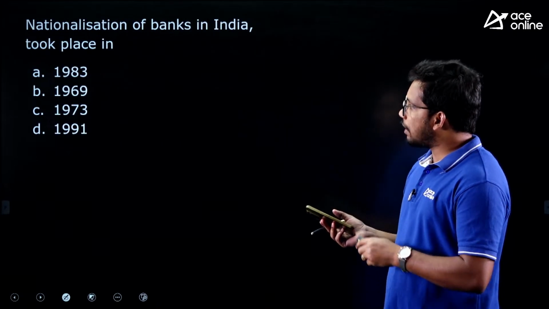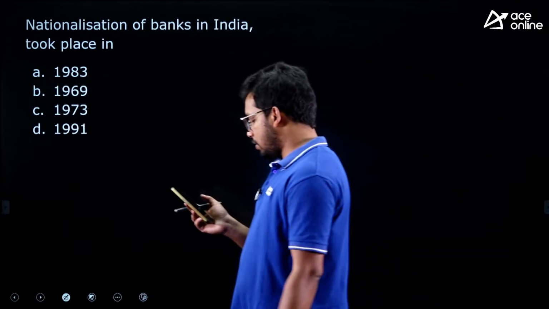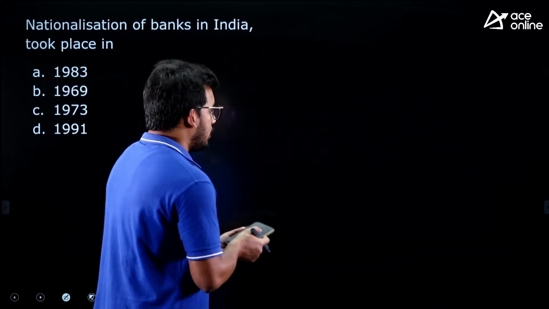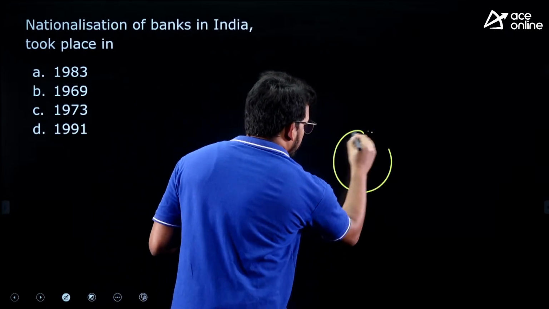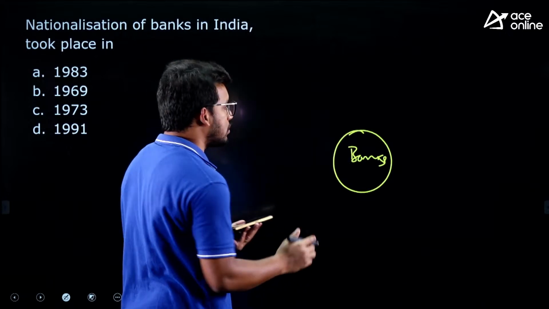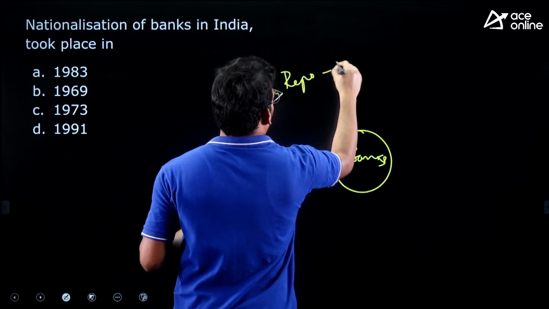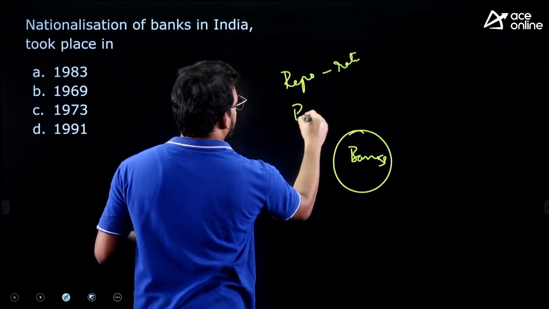If you have confusion, I will discuss again. Banks also need money. I am just quickly revising it. There may be confusion between two things, repo rate and reverse repo rate.